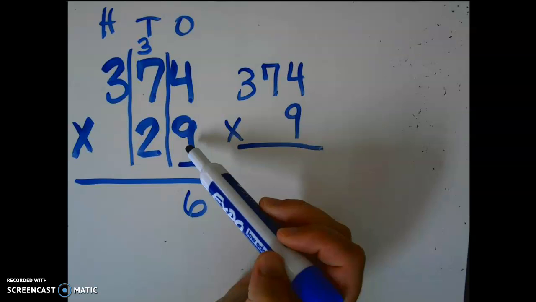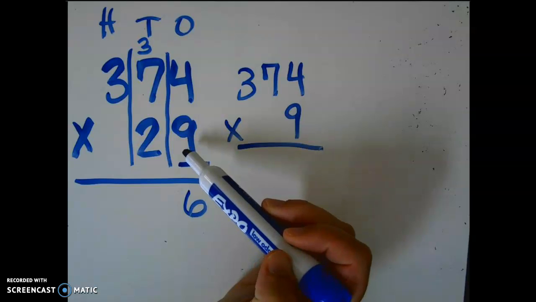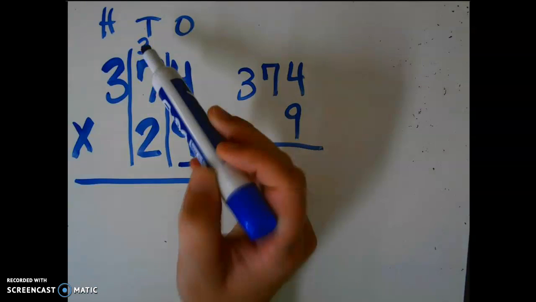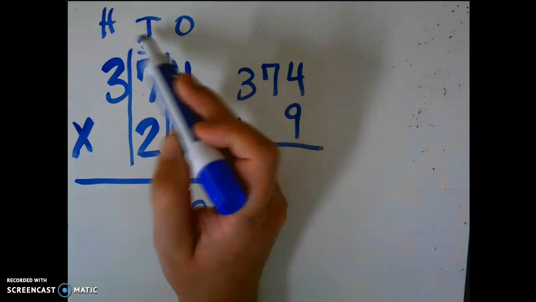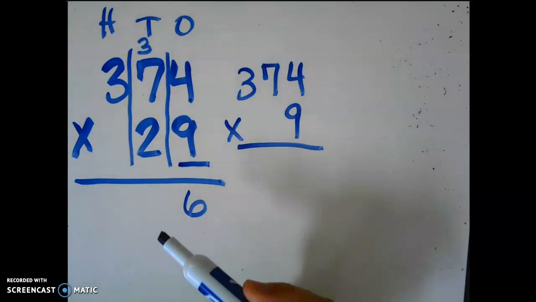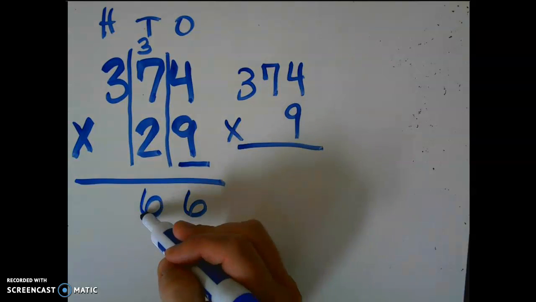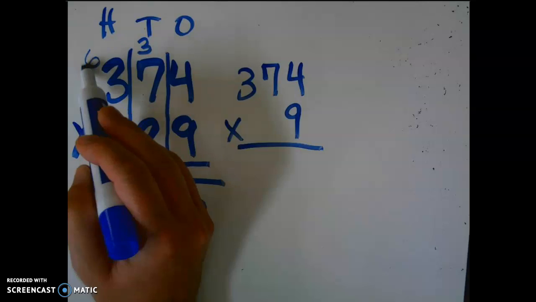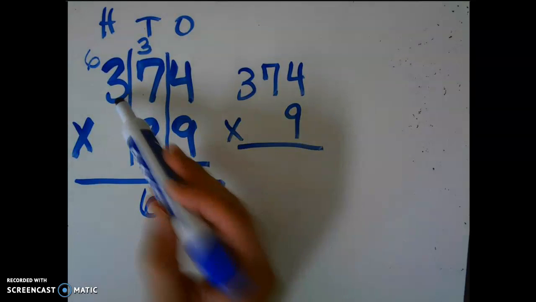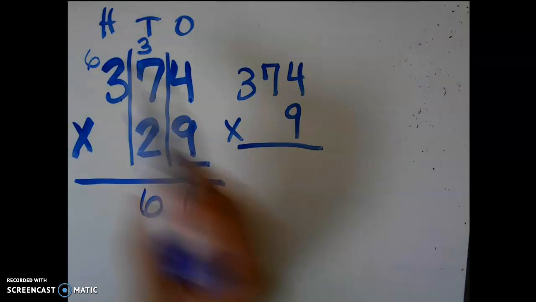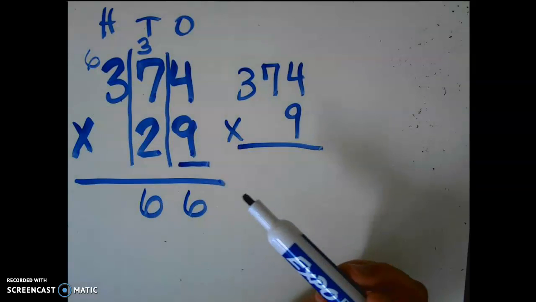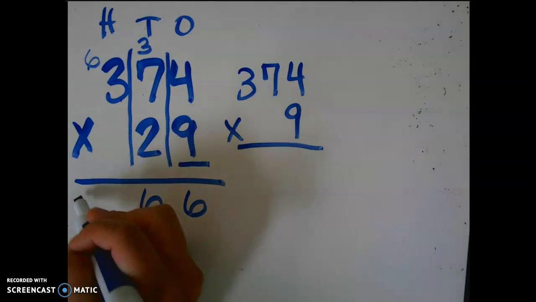7 times 9 is, what is it? 63? Yep. But we have this 3, so we need to add it. 63 plus 3 is 66. Carry our 6. And finally, 3 times 9 is 27, and 27 plus 6 is 33.